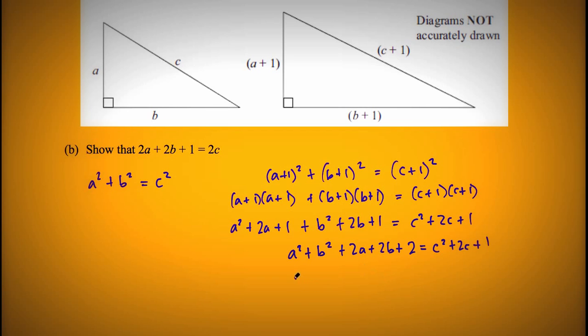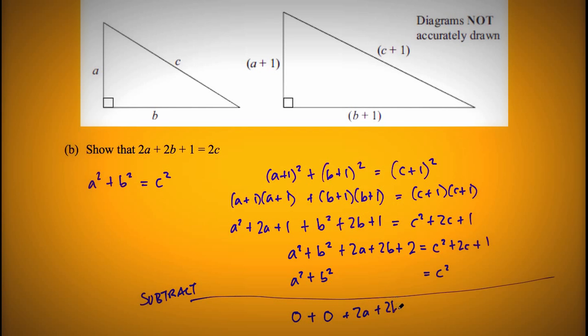And I know that a squared plus b squared equals c squared, so I can subtract that from both sides. I'm just going to write that here. Subtract. A squared minus a squared is 0, b squared minus b squared is 0, and the rest is left over, plus 2. C squared minus c squared equals 0, plus 2c plus 1. So this is sort of like the simultaneous equations method.